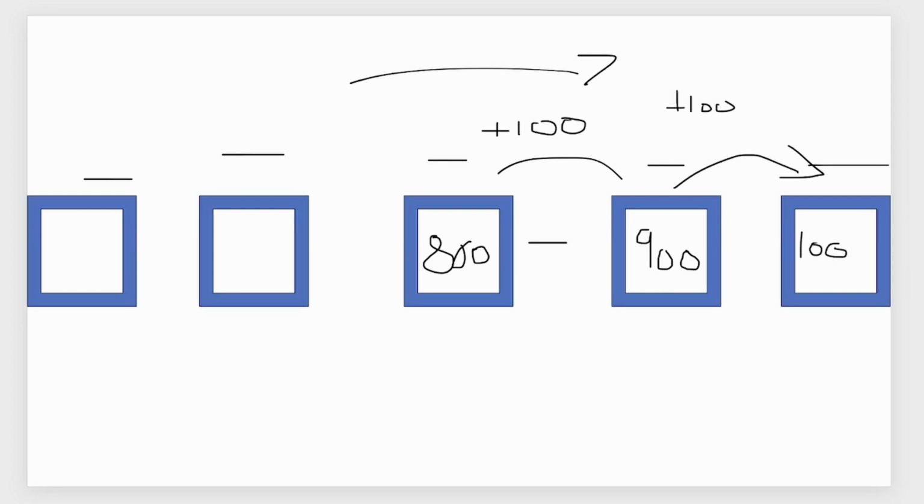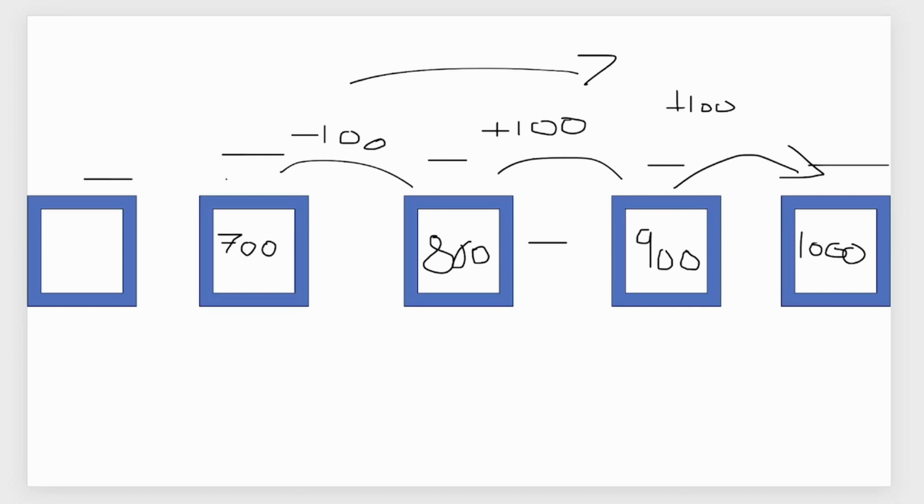1,000. But now we have to go the other way to get these other two numbers, which means this way we will be minusing 100, taking away 100 each time for the numbers this way. So 800 subtract 100 gives us the answer of 700.